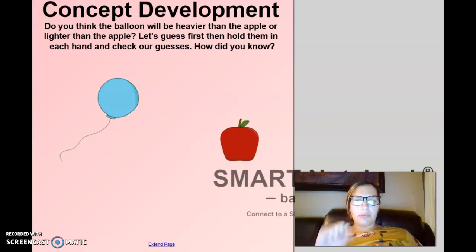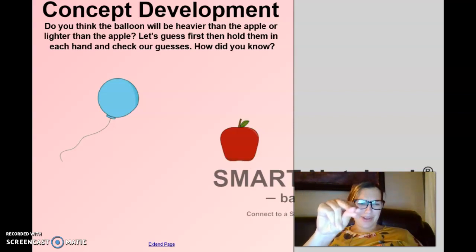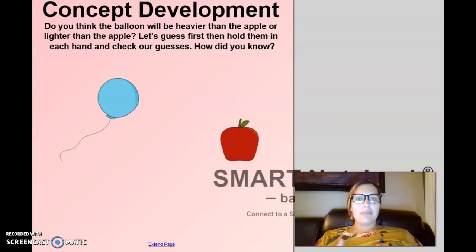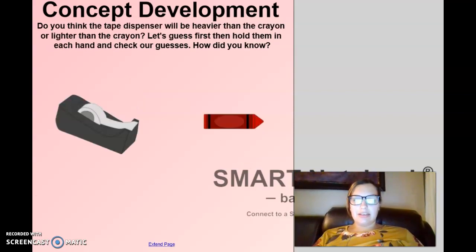So show me a yes or a no. The apple is heavier than the balloon. Yes. The balloon is heavier than the apple. No. Heavier means weighs more. And that we know is not the case.